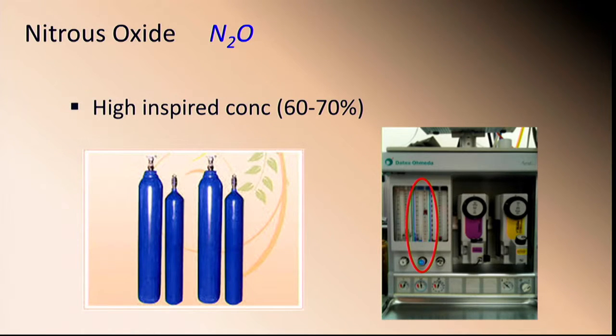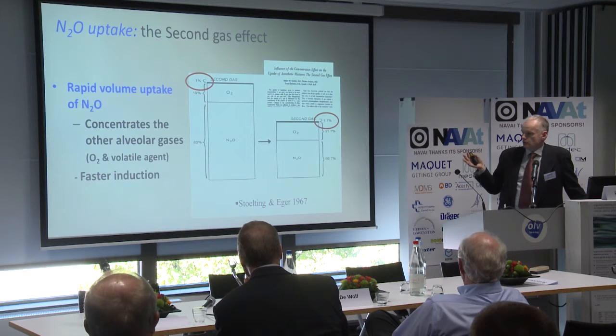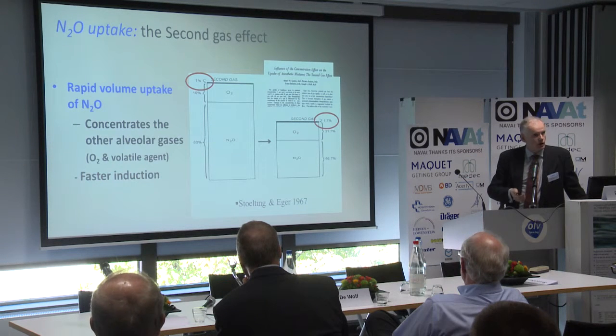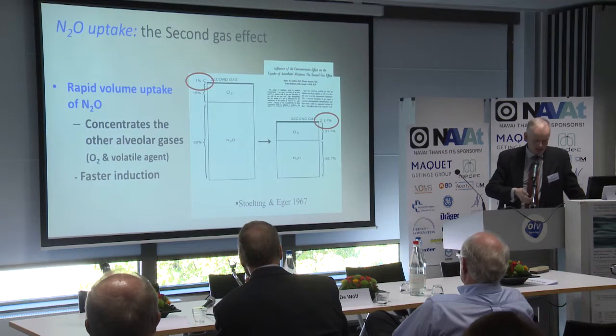As we all know, nitrous is administered in a high inspired concentration. There's an initial very rapid uptake of the gas, which declines with time. And in 1967, Stolting and Eger described how this rapid uptake of nitrous oxide from the alveolar compartment in the lung would produce concentrating effects on the other gases, on the oxygen and the volatile agents, the second gas in the alveolar compartment.